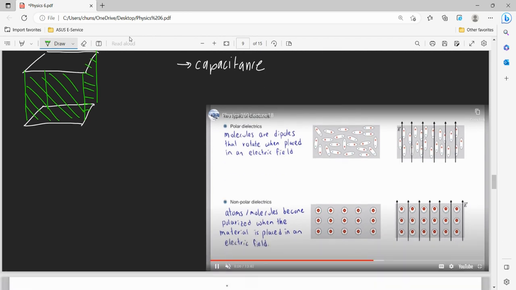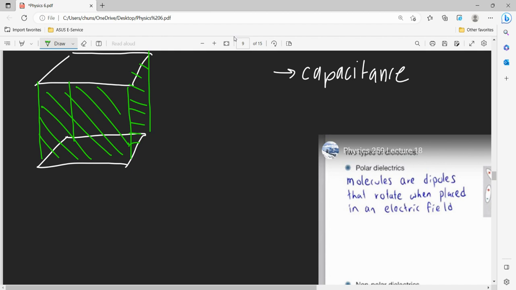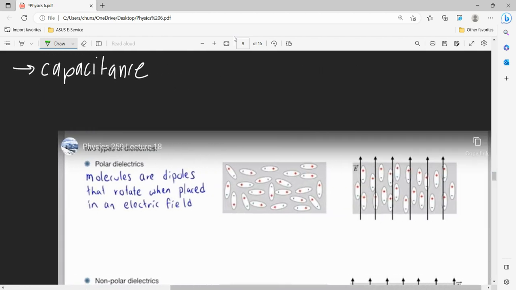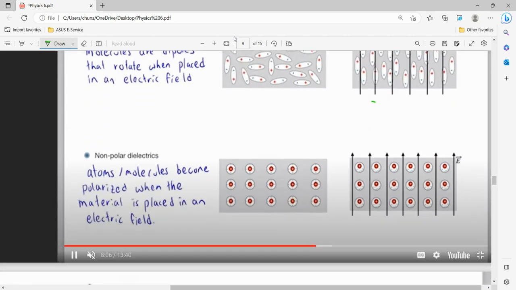So there are different kinds of dielectrics. There are polar dielectrics, which are polarized and have a positive and negative end. When they're placed in the electric field, they orient themselves to point in their appropriate directions, with the positive end pointing with the arrow, negative end at the tail. This alters how easily the electric field can pass through to the other parallel plate.